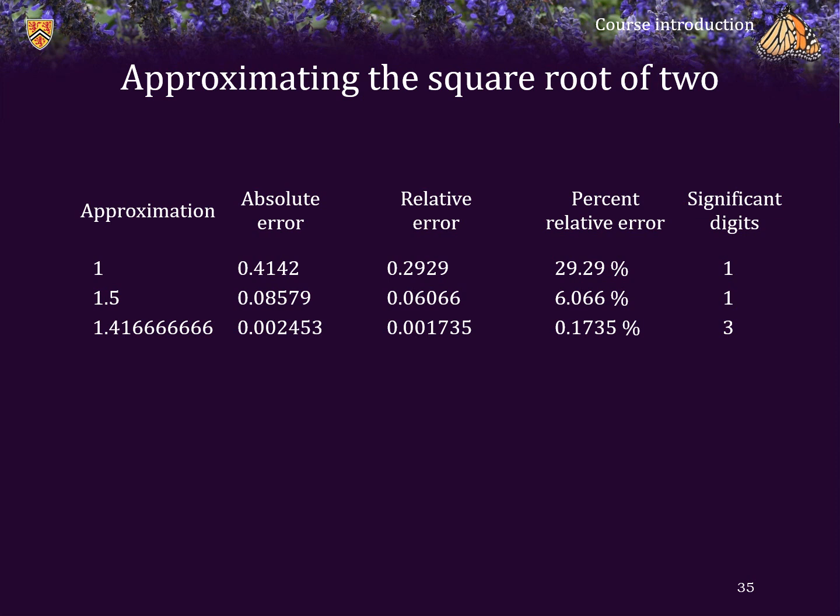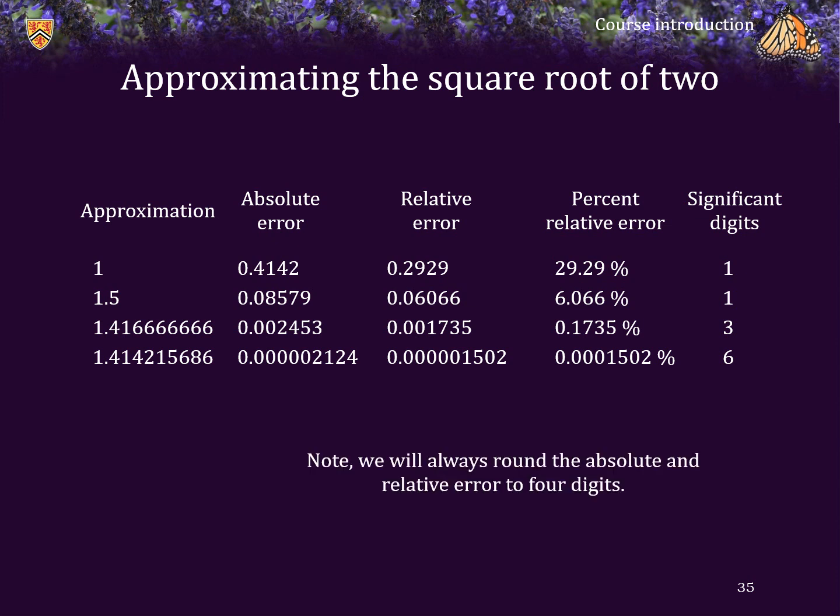If we take one more iteration, taking 1.416666 plus 2 over that and take the average of those two, we get this approximation here. Note the absolute error is becoming very small indeed, and so now we have 6 significant digits in this approximation.